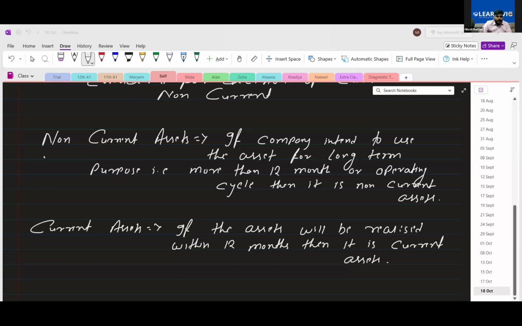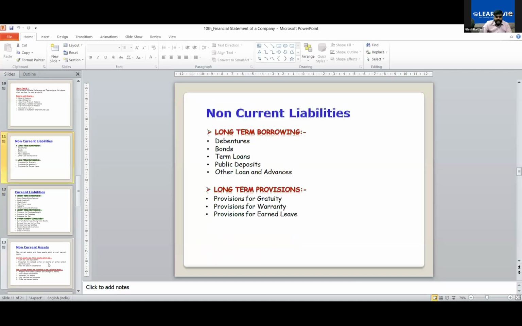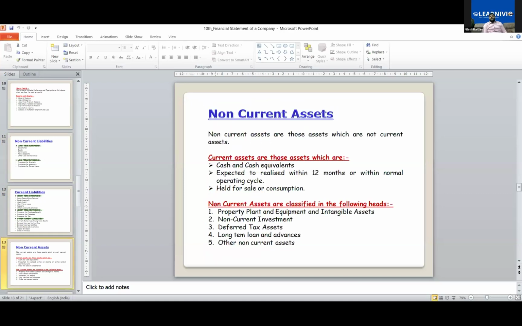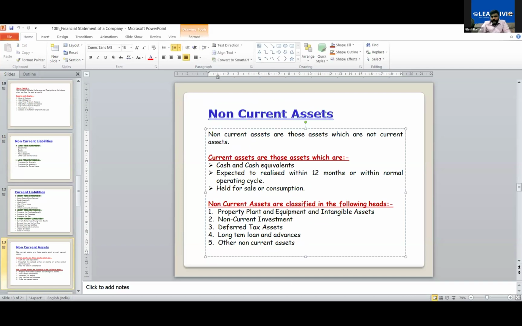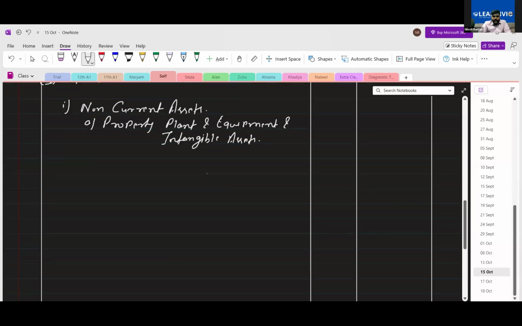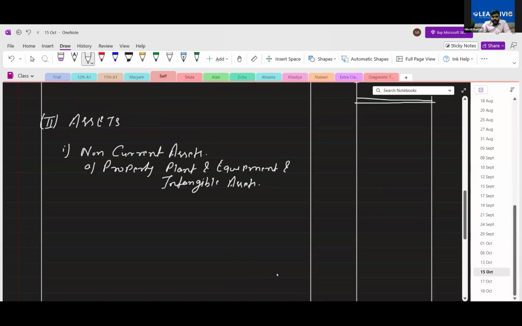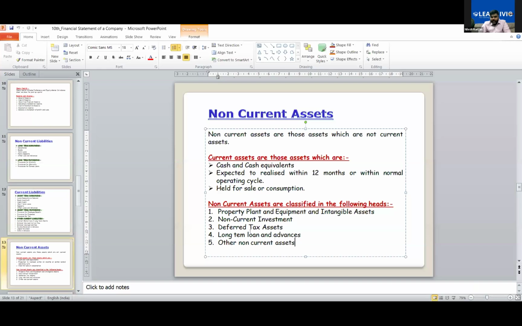Now, under non-current assets, you can see non-current assets are classified in the following heads. These are the headings we are going to write here: property, plant and equipment, intangible assets, non-current investment, deferred tax assets, long-term loan and advances.